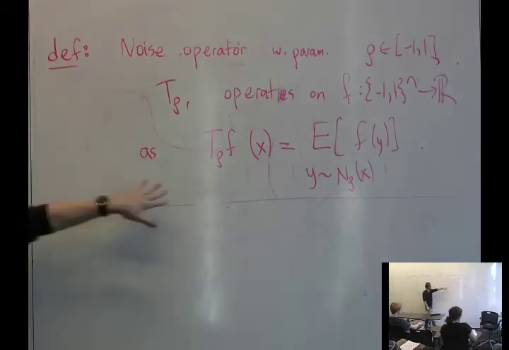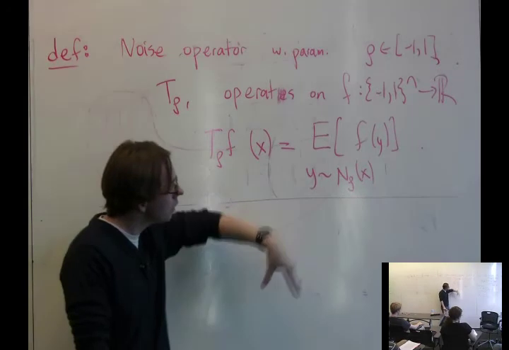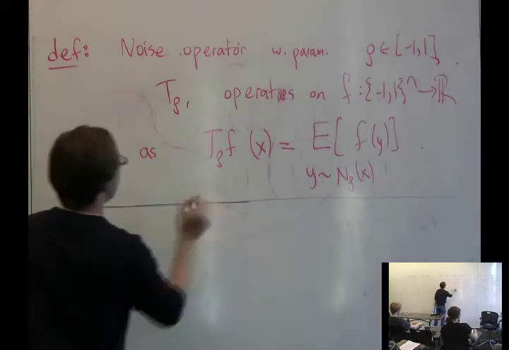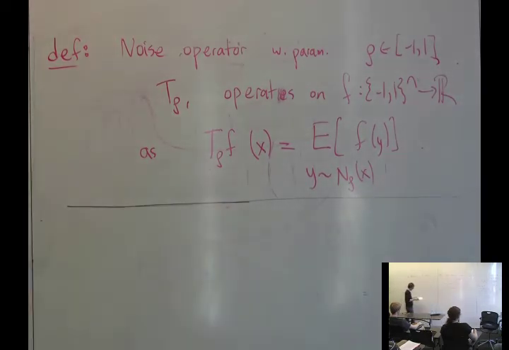You should, again, especially if you think of rho as being close to 1, mostly you're picking up strings y that are close in Hamming distance to x. Okay, so this is an operator that smooths out functions f. Let's see how this is very closely connected to noise stability, as we'll show in a second.